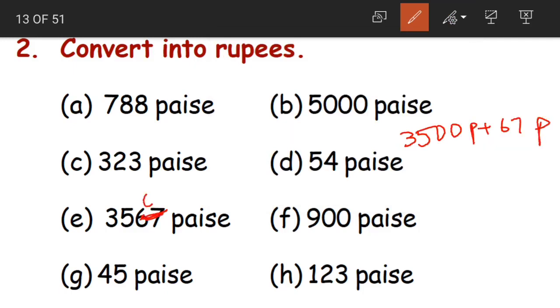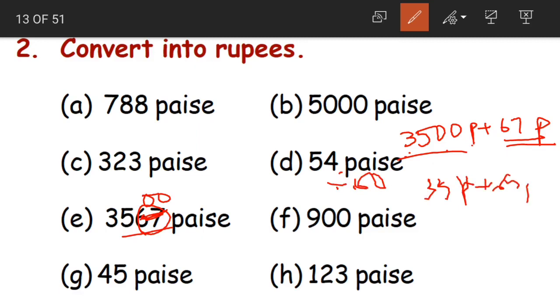See, instead of these two, I am writing 0, that is 3500 paise. Now these ones and tens are written separately, 67 paise. Now this 3500, when we divide it by 100, we'll have 35. We'll have how much children? 35 plus 67 paise. We are already having 67 paise.